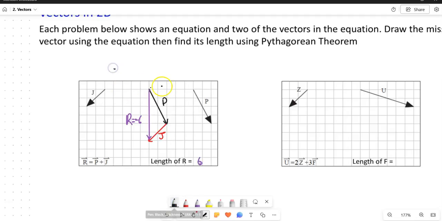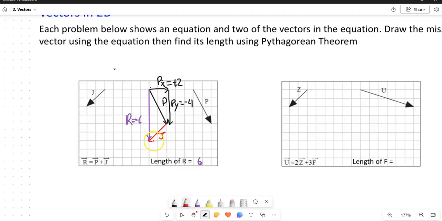So to do it with 2 dimensions is a little bit more intensive. Notice that we have a positive p in the x direction, which is equal to +2, and we have a p in the y direction, which is 1, 2, 3, 4. So that's -4.